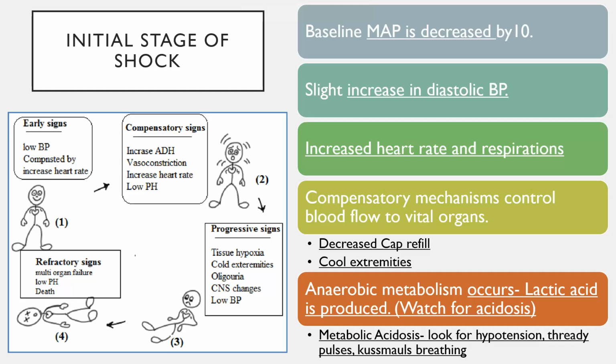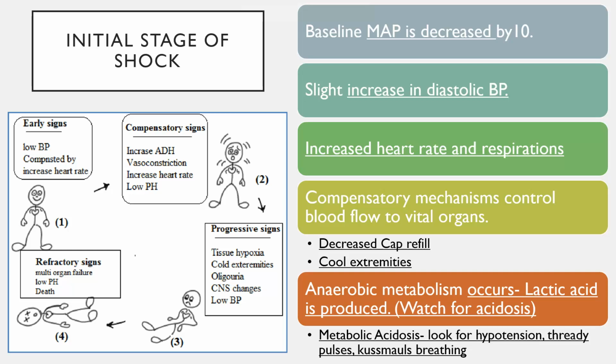So your initial stages of shock. Early signs, you'll have low blood pressure and an increased heart rate. When you get to that compensation stage, you're going to see our body trying to compensate. Maybe it's going to start to release antidiuretic hormone. Maybe it's going to start to vasoconstrict with the renin-angiotensin. Maybe the heart rate's going to increase more.